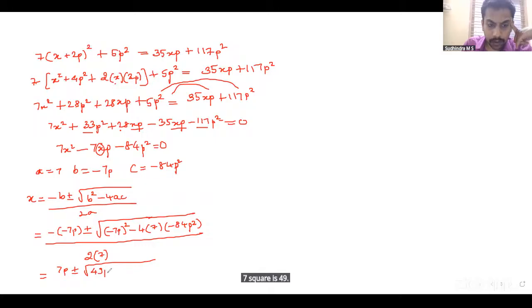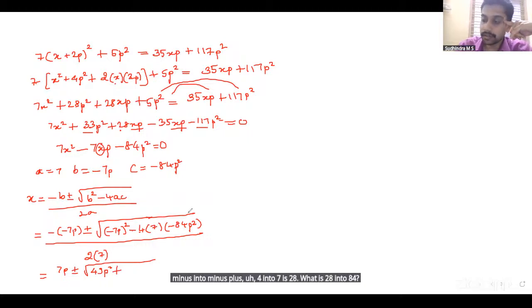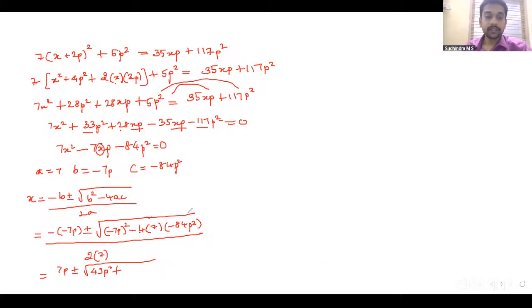So 49p square plus 4 into 7 is 28. What is 28 into 84? 2352.